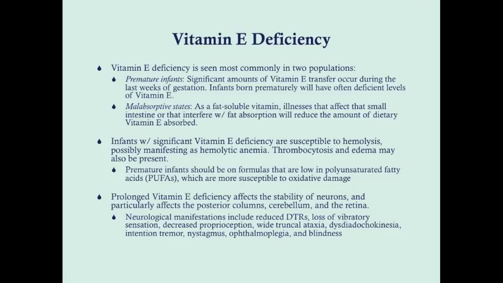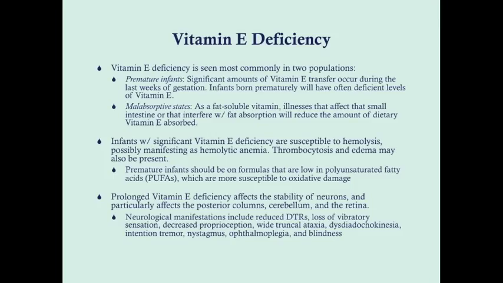Now, when we talk about the malabsorptive patients, these are usually a little bit older, then we have a prolonged vitamin E deficiency if they're not being treated, and ultimately this can lead to permanent damage to the central nervous system, particularly the posterior columns and the cerebellum, and even possibly the retina.